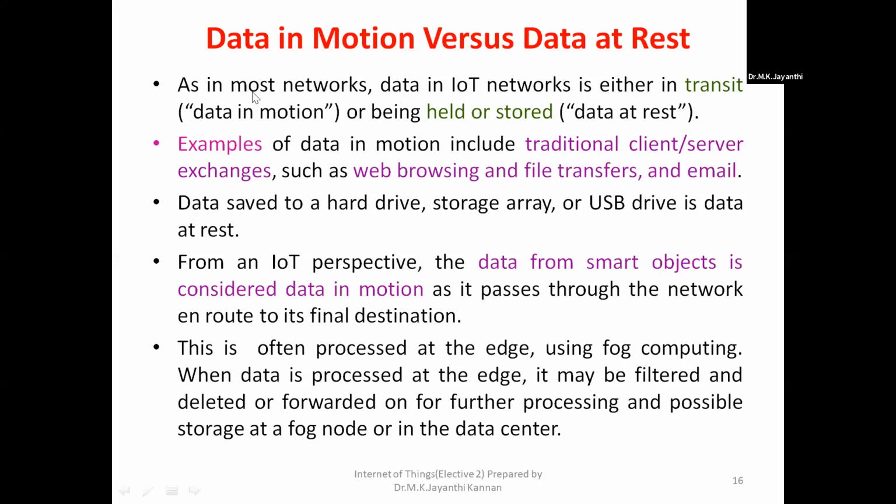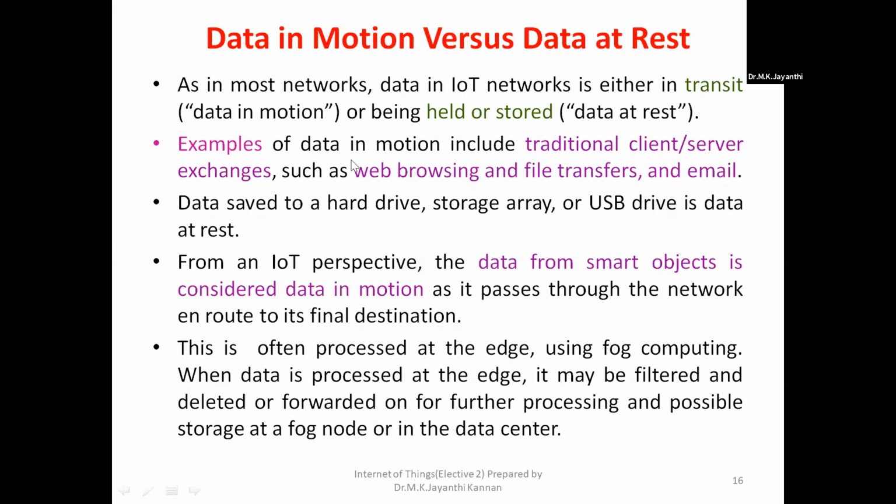As in most networks, data in IoT networks is either in transit, data in motion, or it may be held or stored, data at rest. Examples of data in motion include traditional client-server exchanges, web browsing, file transfer and emails, because the values of the data change every second.